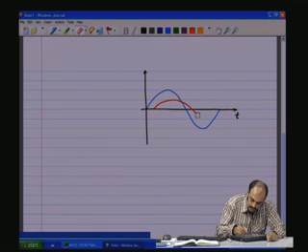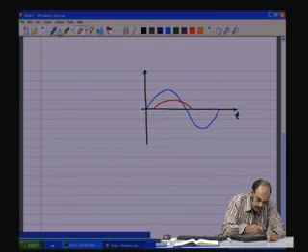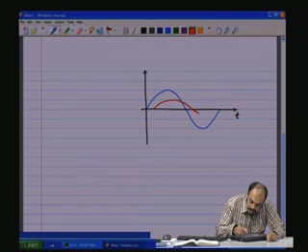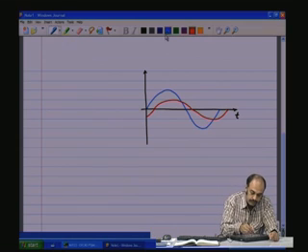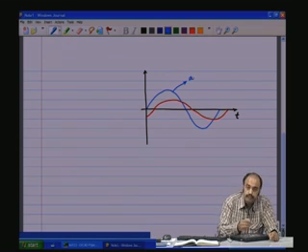Sorry, goes like that and here, and this can be extended like that. So, this is another. So, let me call this one as A, and let us call this as a waveform B.